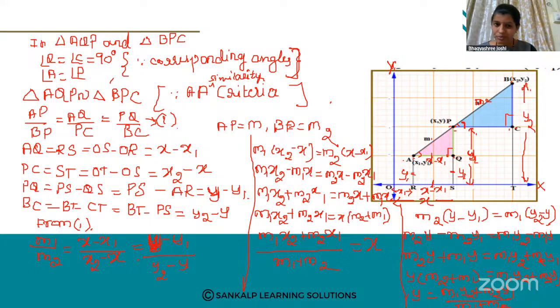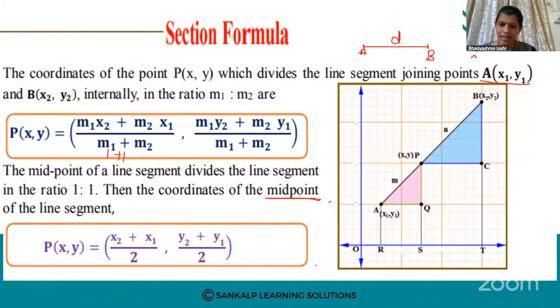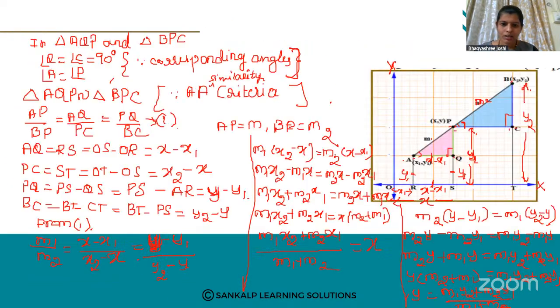So what do we get as the section formula? X is M1 into X2 plus M2 into X1 divided by M1 plus M2. Y is M1 into Y2 plus M2 into Y1 divided by M1 plus M2. So now what we write is P of X, Y. The coordinates of P are X, Y. Let us write X and Y together.